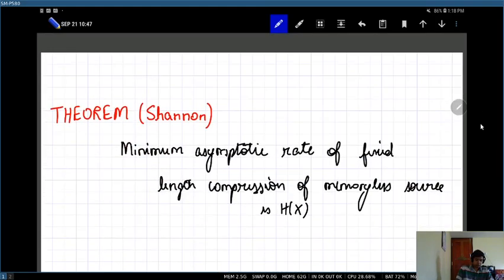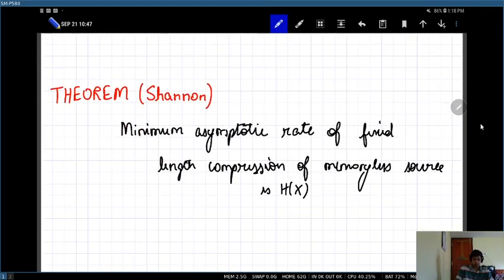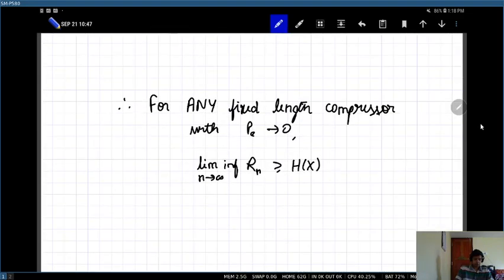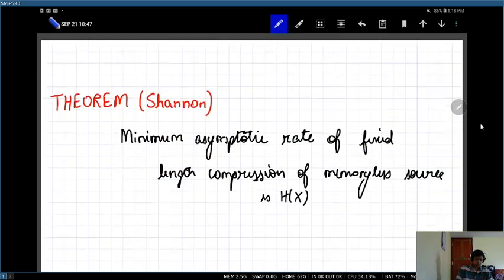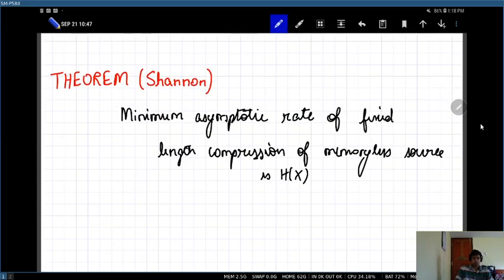So combining the two results that we had, where we designed a fixed length compression scheme using typical sets, and we gave a lower bound on any fixed length compression scheme with a vanishing probability of error, we have the following theorem, also called the source coding theorem, which was originally due to Shannon.